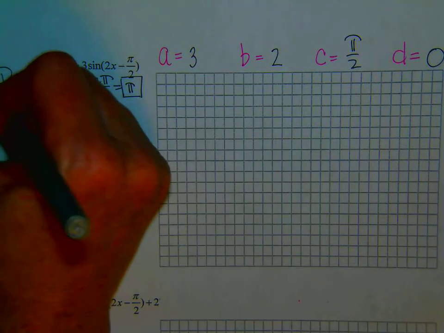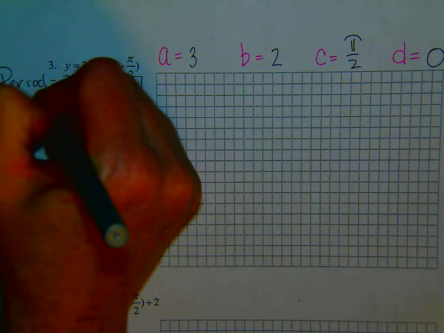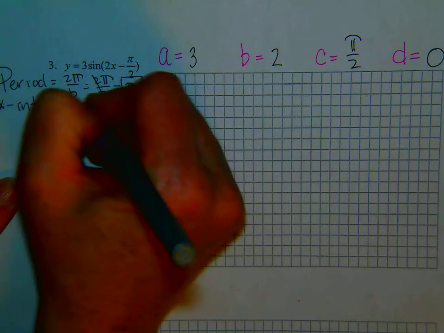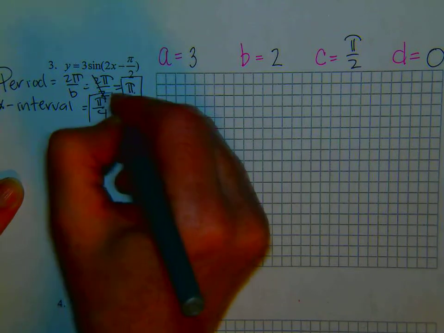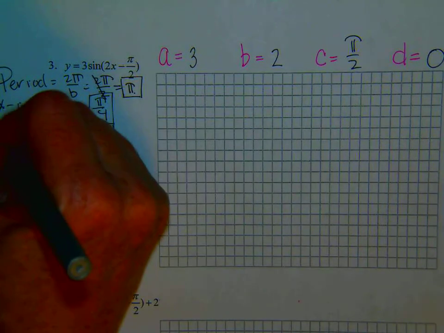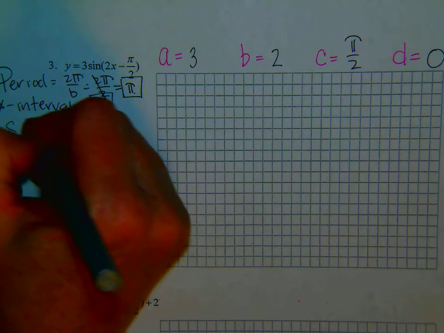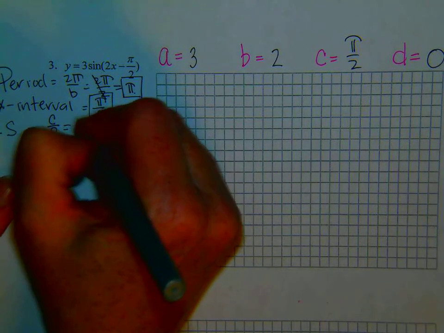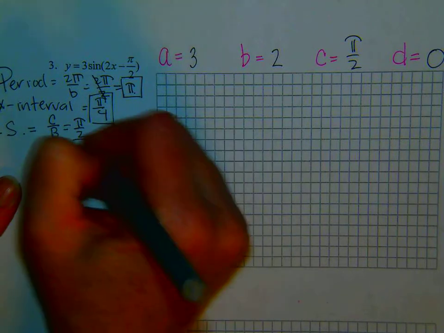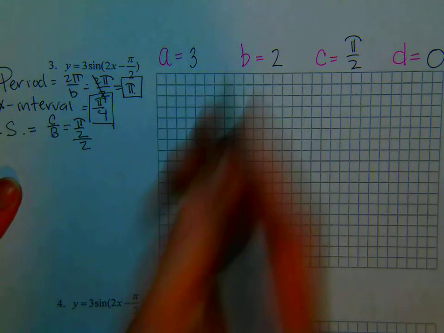Now we're going to do our x interval. X interval is the period over 4, pi over 4. Let's box that in. Now we're going to do a phase shift. Phase shift equals C over B, which equals pi over 2 over 2. Now, how are we going to calculate that?